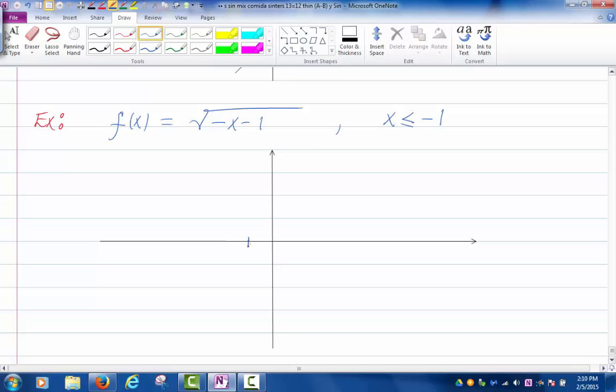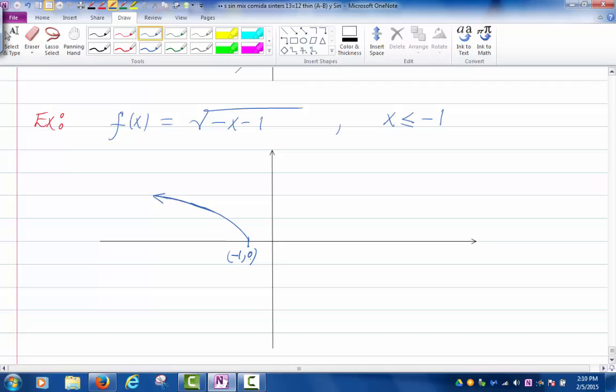So the graph will look like this. Okay, so that's the graph of this function. And what is this point here? This point here is negative 1 and 0.